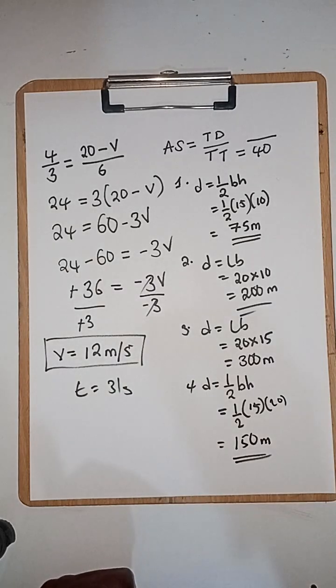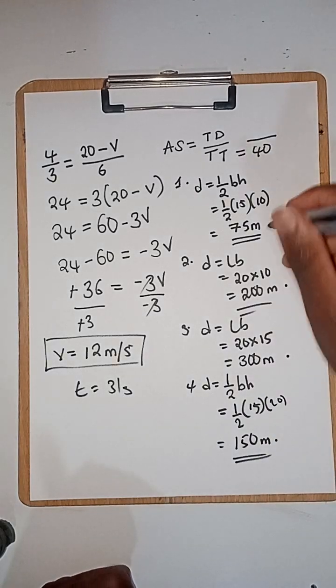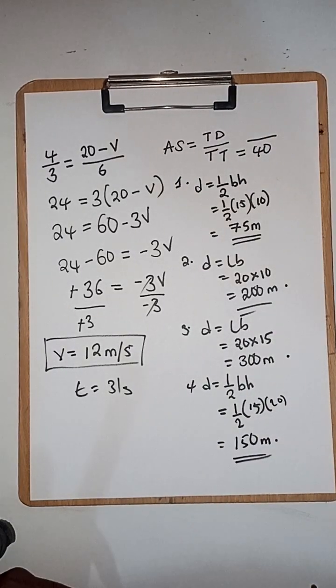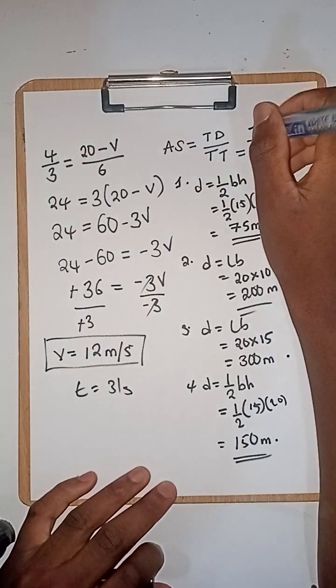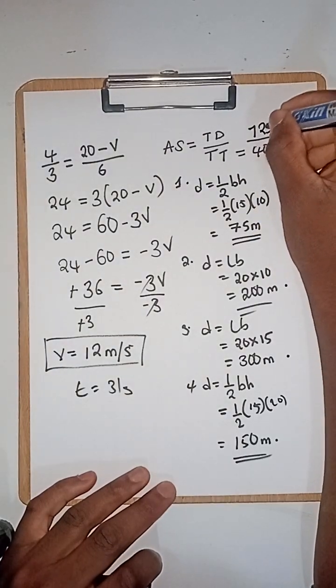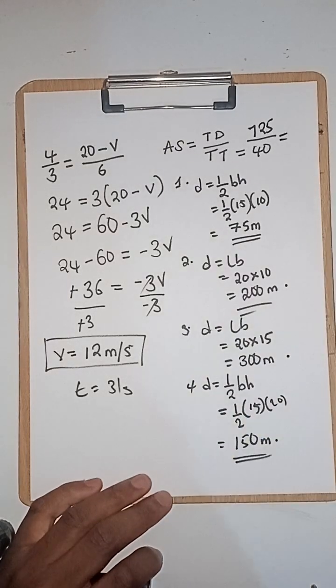Now how do you find the total distance? We just add this one, that one, that one, and that one. After having them, we're going to add them. So the sum will give us 725. So this will be 725, and then from here we just simplify.